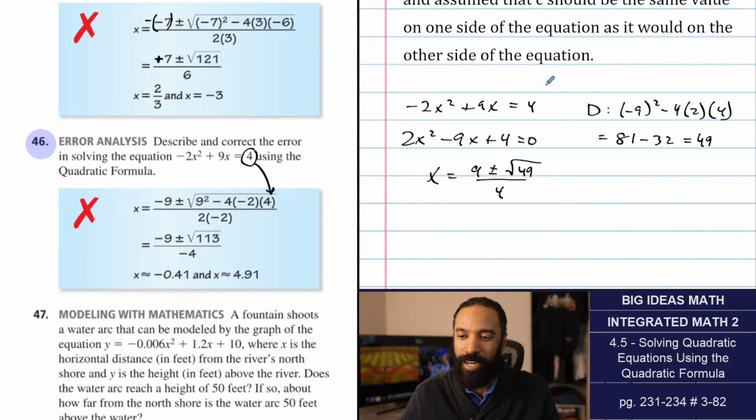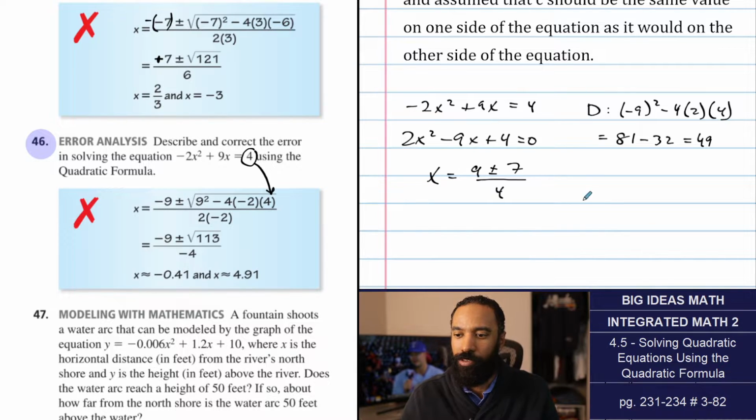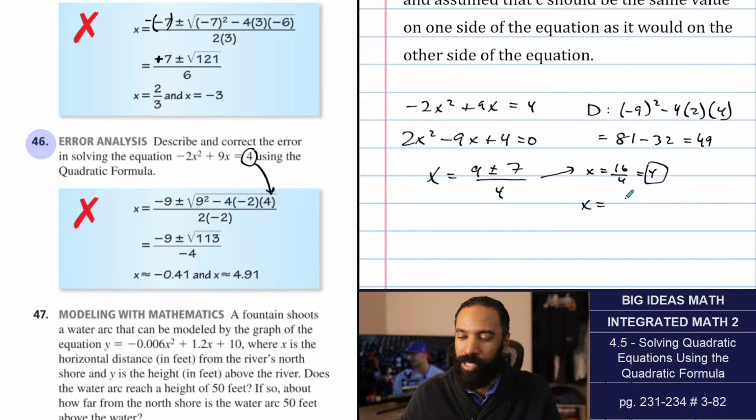So square root of 49 is 7, right? Let me write a 7 here. 9 plus or minus 7. So if I fix this problem, this is factorable. 9 plus 7 is 16, and 16 over 4 is 4. So x is 16 over 4, which is 4. Or x is 2 over 4, which is 1/2.